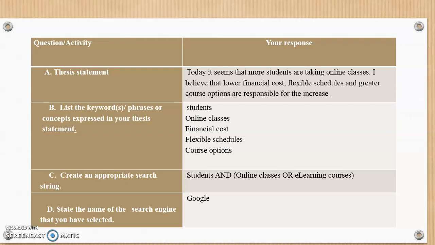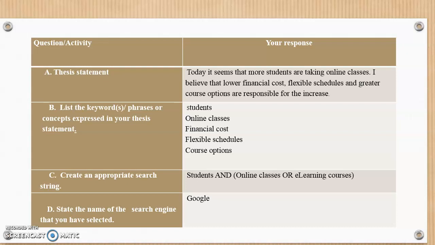My search string is students and (online classes or e-learning courses). So I nested the key concepts between the Boolean operator or by putting brackets around online classes or e-learning courses.